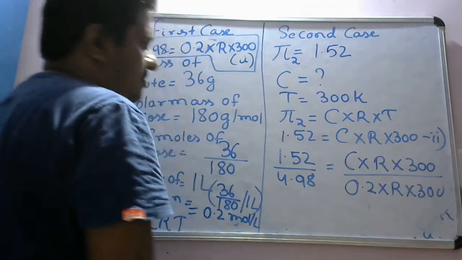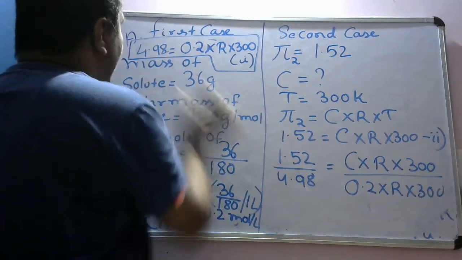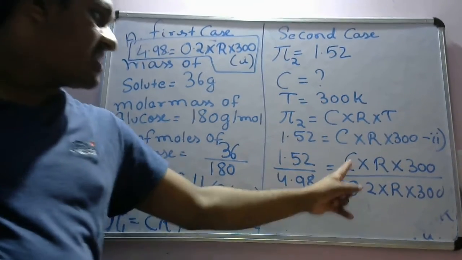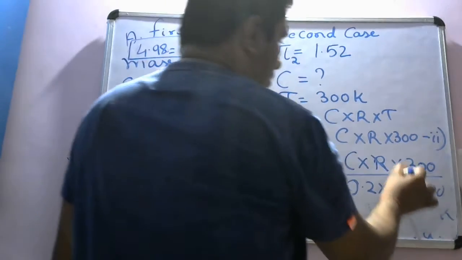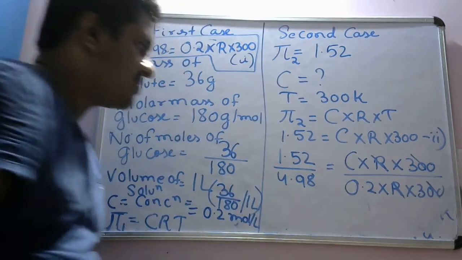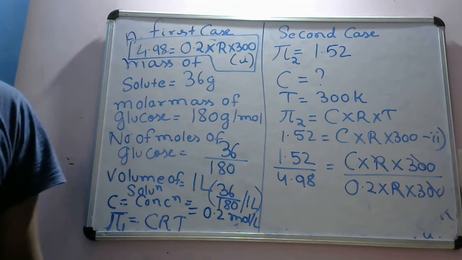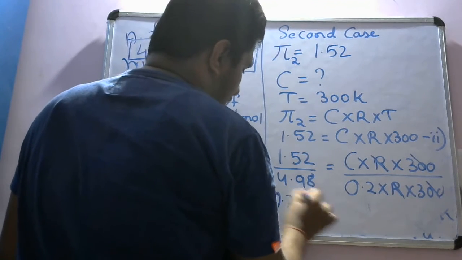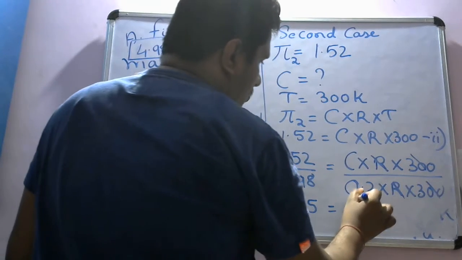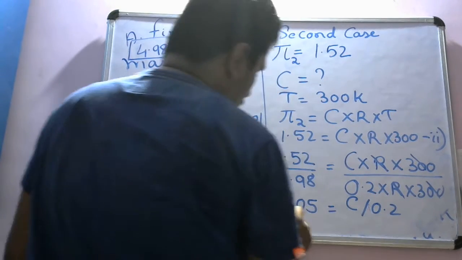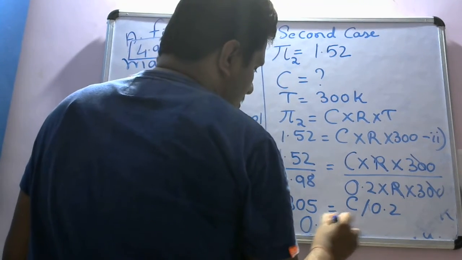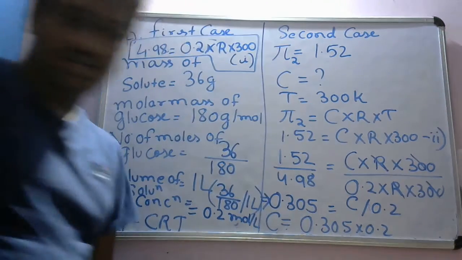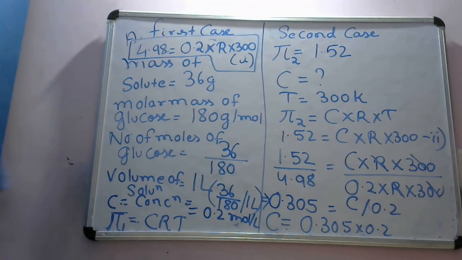This is 2 by 1, for both LHS and RHS. So we can calculate C. C by 0.2 is equal to 0.305, the left hand side fraction. So C will be equal to 0.305 into 0.2. If you calculate, you will get 0.0610.